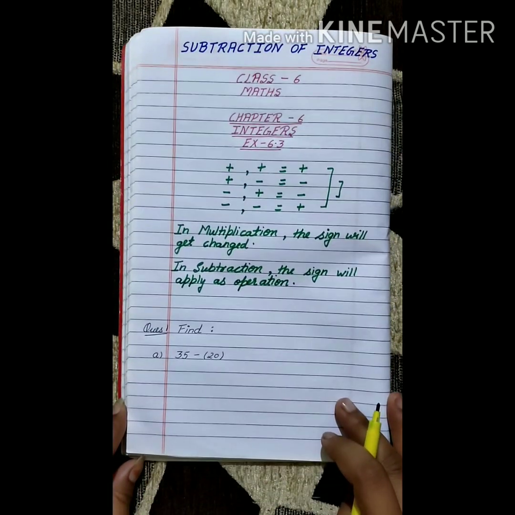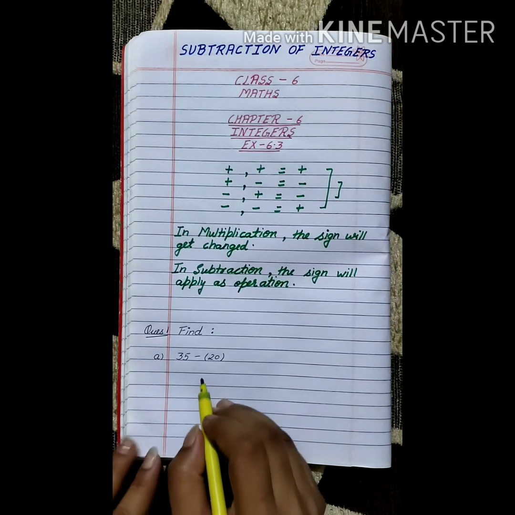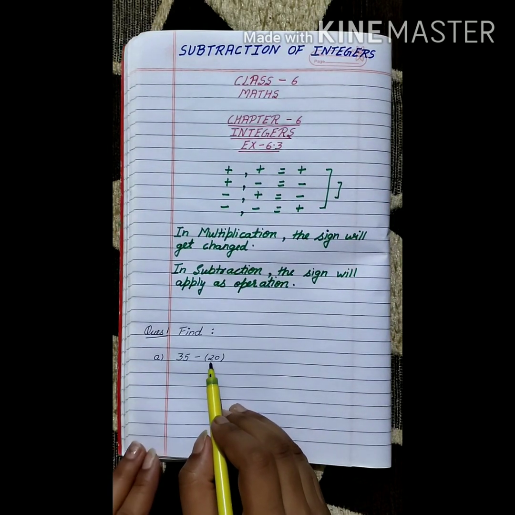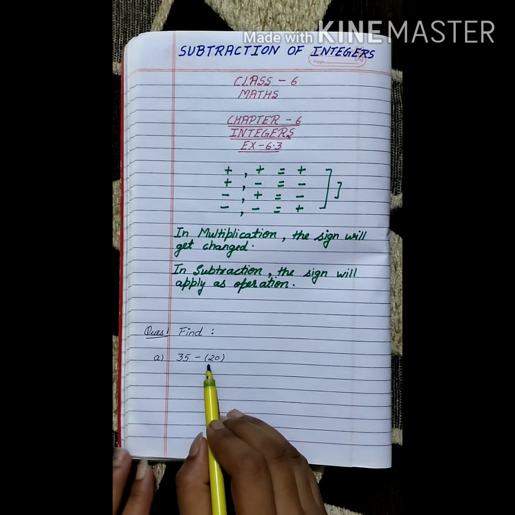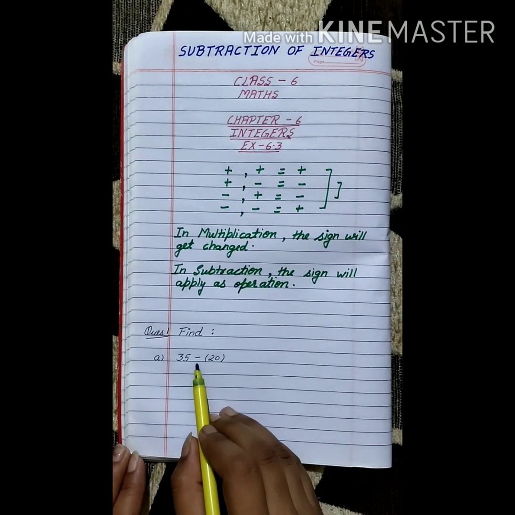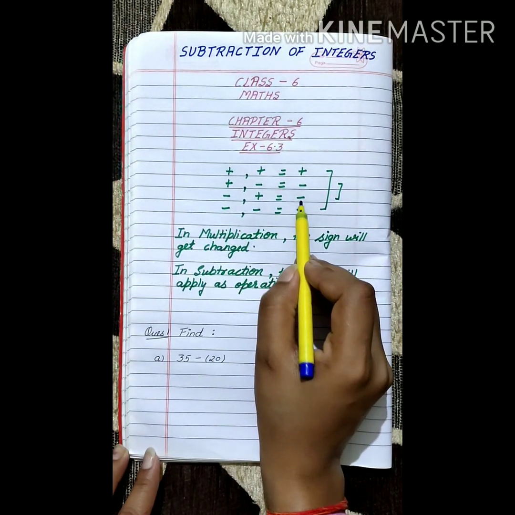Now let's understand with question number 1. Question 1. Find. First part, 35 minus 20. Firstly, we don't have any sign in bracket, that means we have positive sign. So firstly we will solve the bracket because we have two signs together, minus and plus, and we know that minus plus is equals to minus.